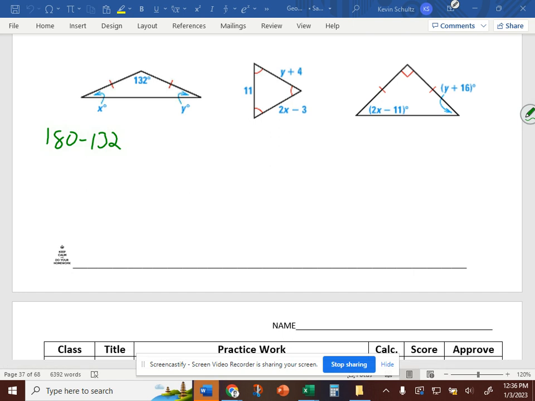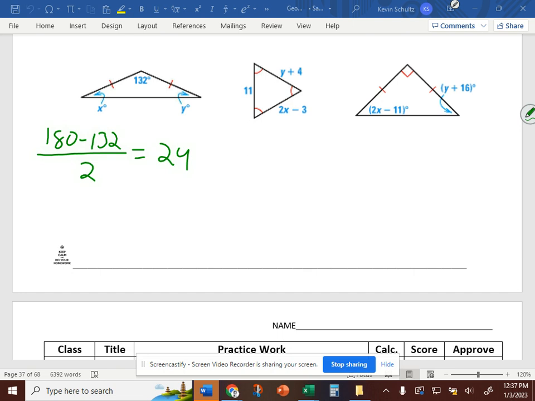And so 48 divided by 2 is 24. Good. So both x and y equal 24 for exactly the logic that Rowan just provided us. You know it contains 180 degrees total. You're given the 132. Subtract 132 from 180, you're left with 48. These two angles are congruent because of the base angles theorem. Therefore, divide that 48 by 2, cut it in half, and you get 24 degrees for each variable.